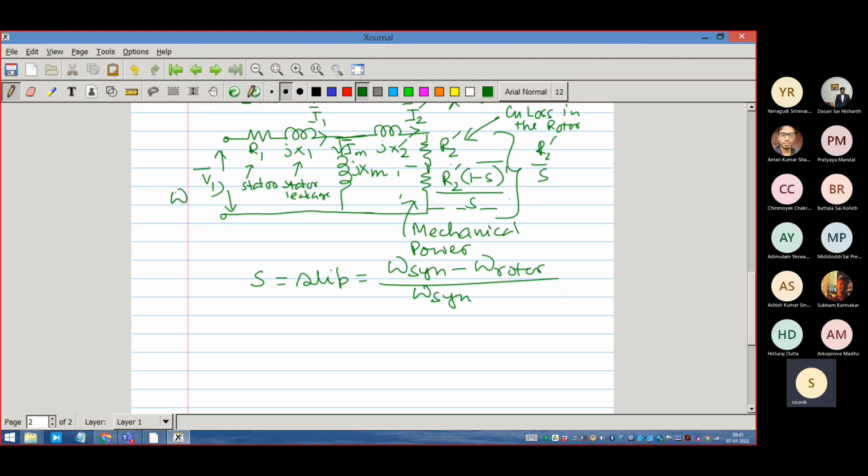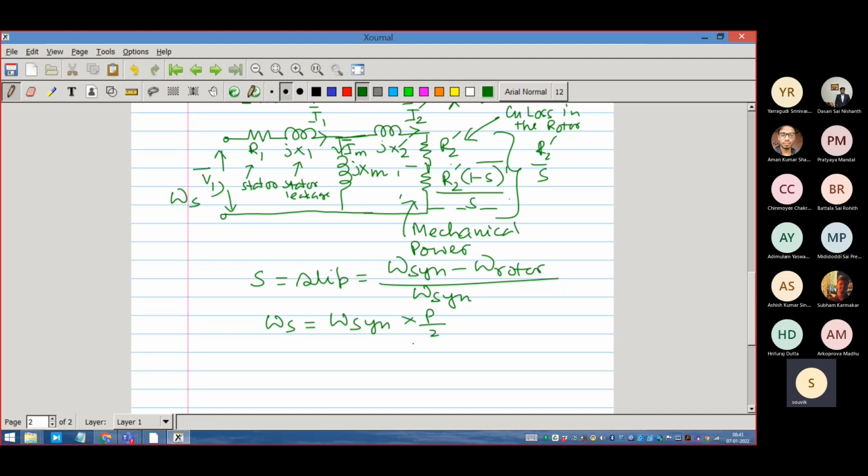We give that supply voltage, and this is omega S, that is, the supply frequency of the stator voltage. Omega S is equal to omega synchronous into P by 2. P is the number of poles.